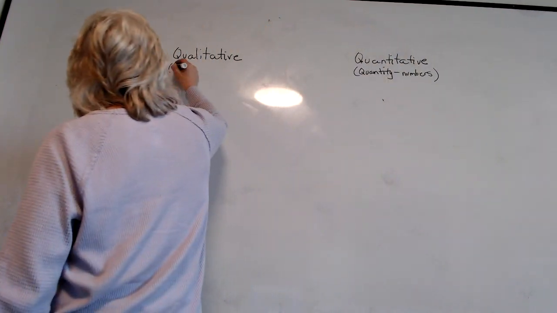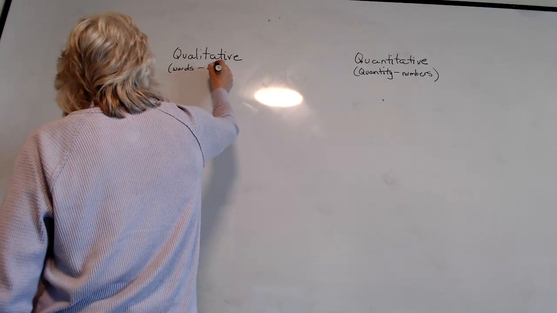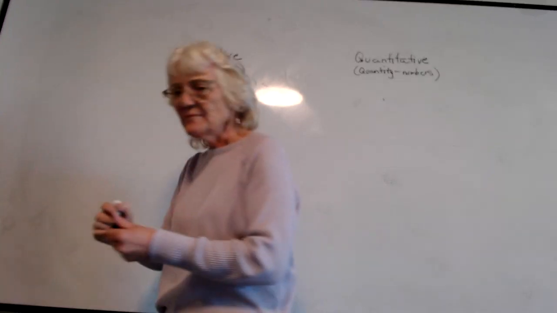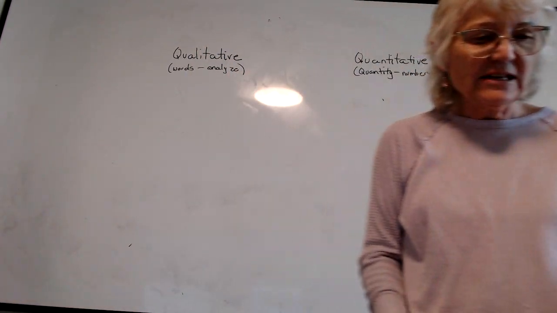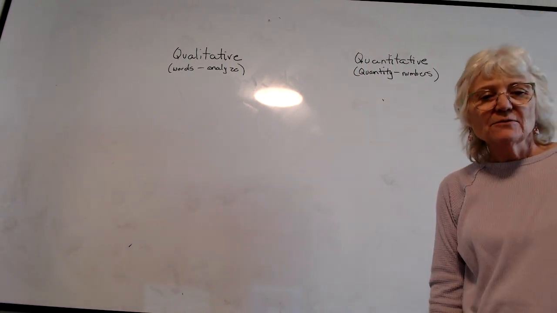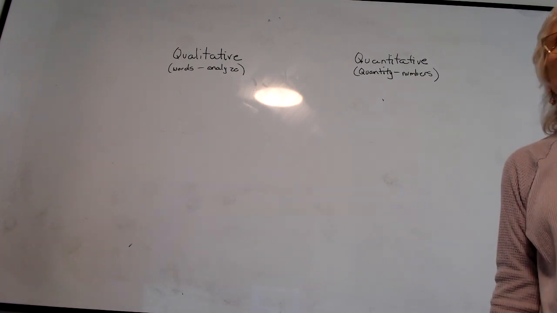Qualitative is when we're looking at words and we're trying to analyze. Okay, so they give an example in here about qualitative. If we're talking about a bookcase, there's a bookcase, right? Everybody see the bookcase?